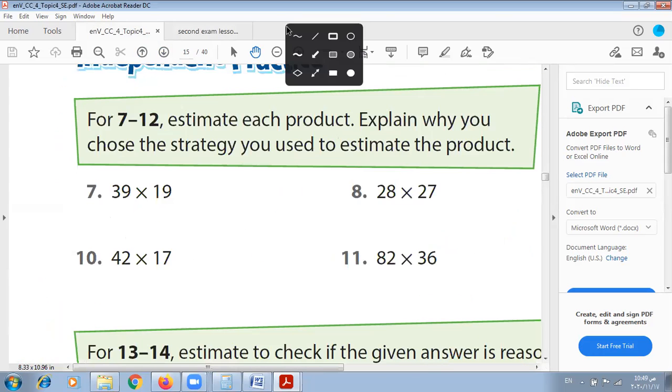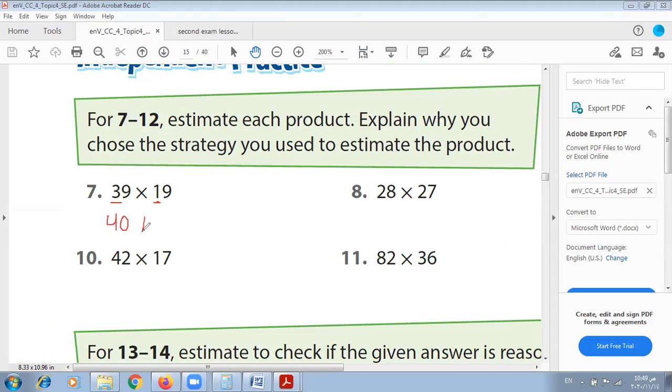So how to do that? At first, I need to round both numbers, okay? So when I round this, it will be rounded into 40 times, and when I round this, it will be rounded into 20. Then we can do multiplication. 4 times 2 is 8.